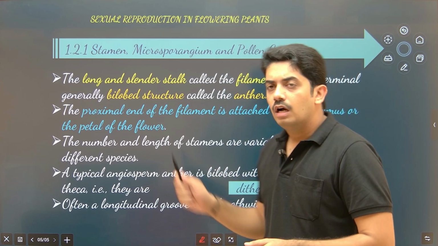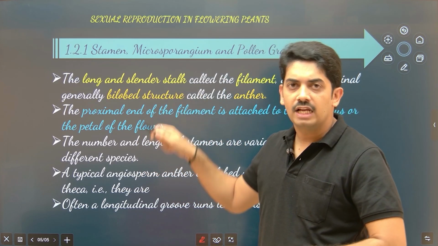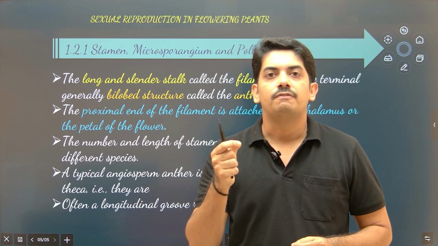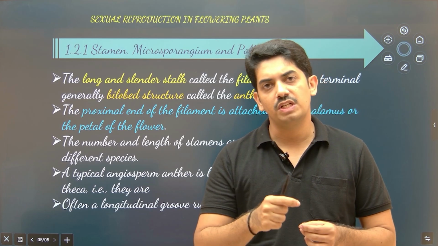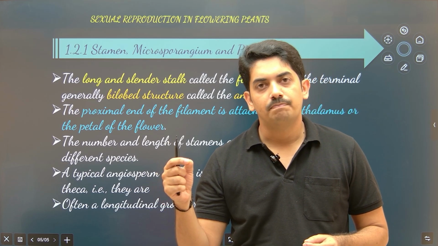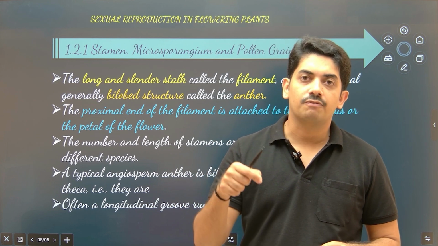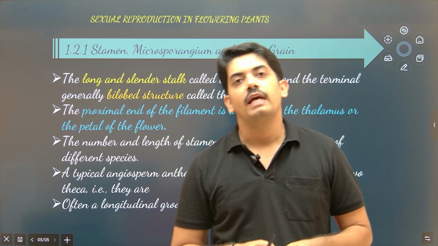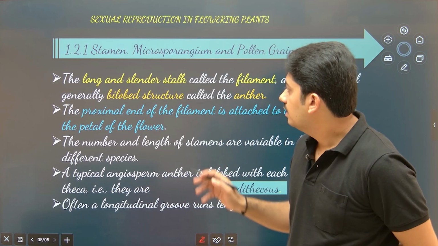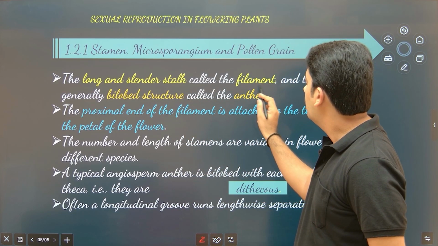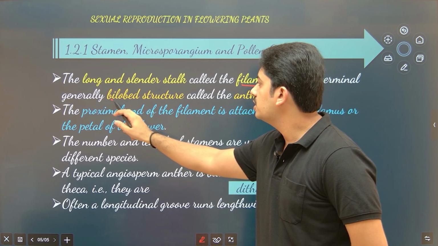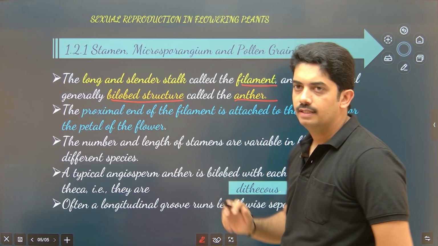Now how are these stamens attached to the flower? They have a long and slender filament which originates either from the thalamus or from the petal. If it is originating from the petal, then the condition is called epipetalous condition. Okay, so this long slender stalk is called the filament, and a terminal, generally bilobed structure is called the anther.